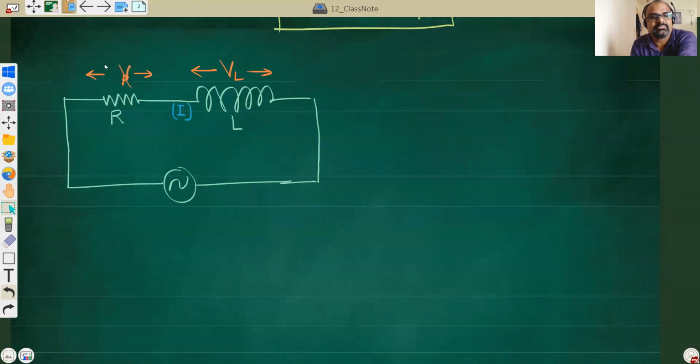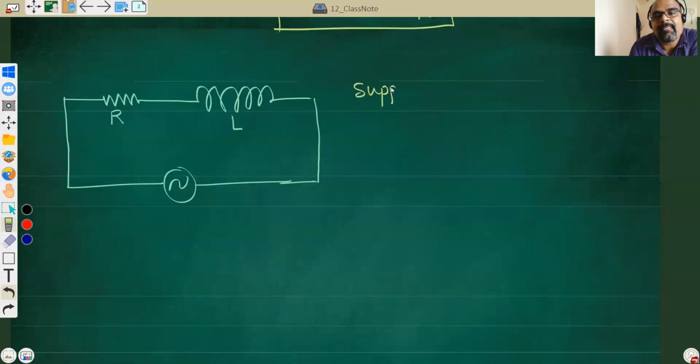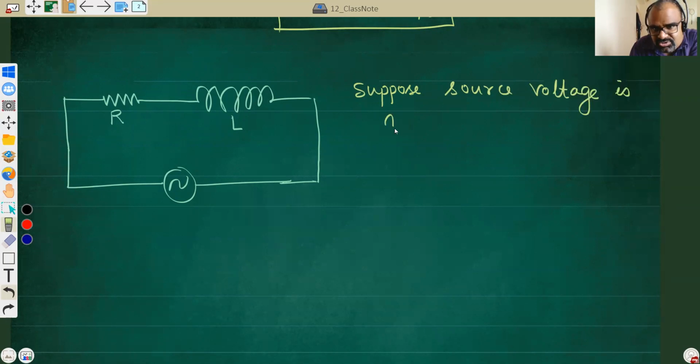Now suppose the source voltage is small v is equal to V naught sine omega t.